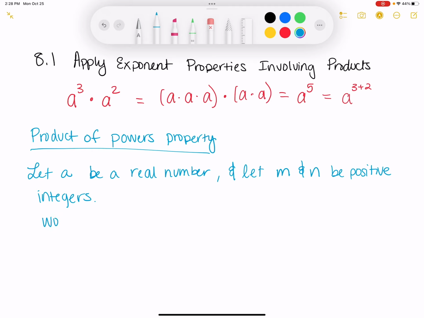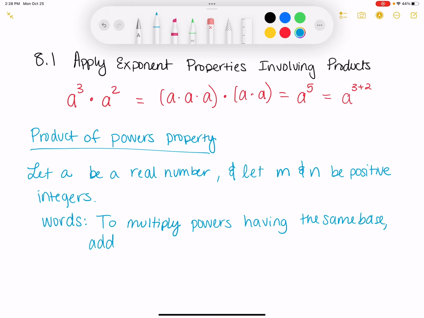Then in words, we have to multiply powers having the same base, add the exponents.